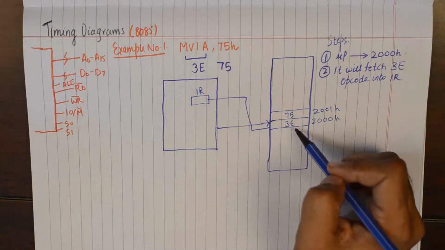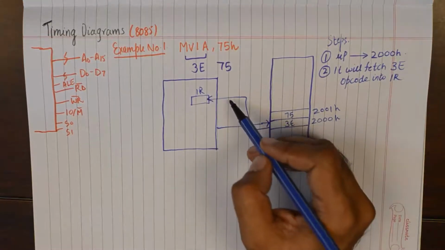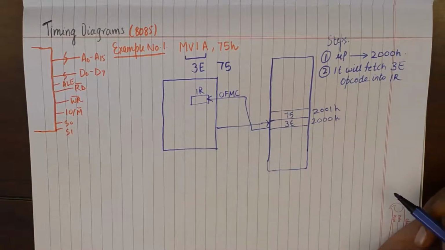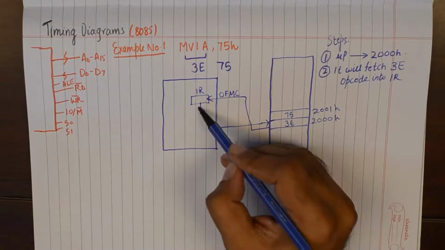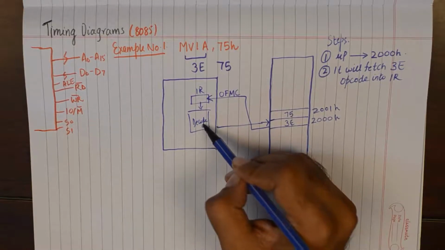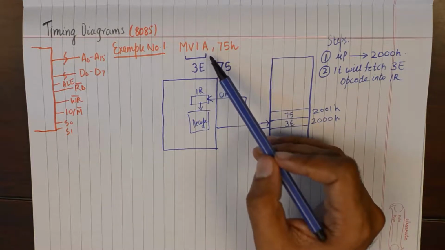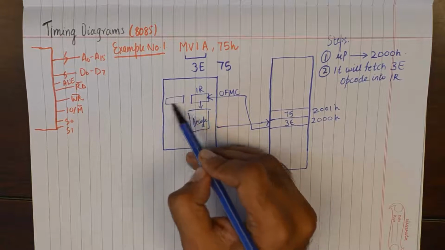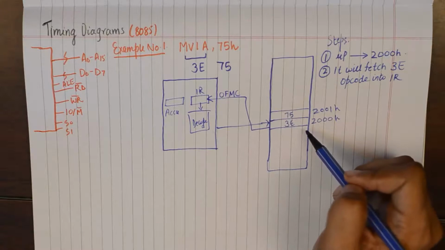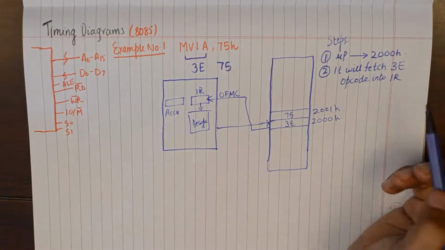Now bringing 3E from an external location into IR would be opcode fetch machine cycle, and then it will be decoded. Its meaning would be interpreted as an immediate movement into accumulator register of the data which is written next to this opcode in the instruction.